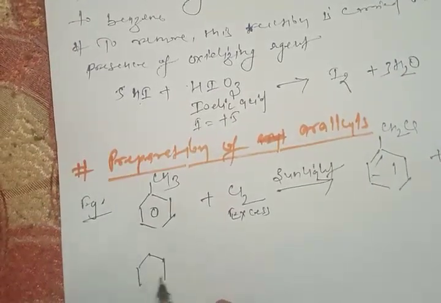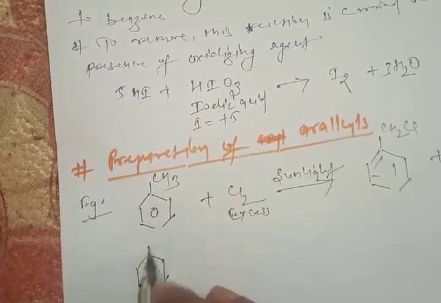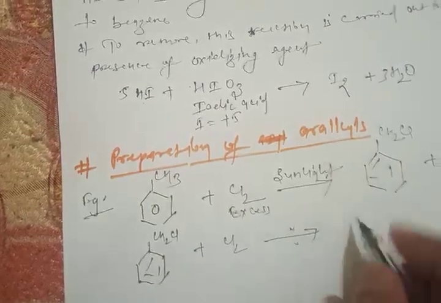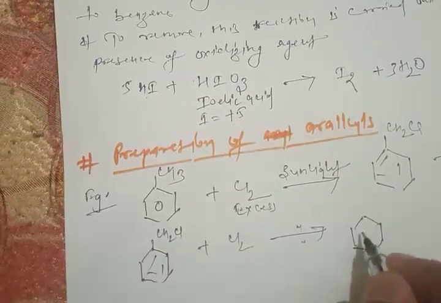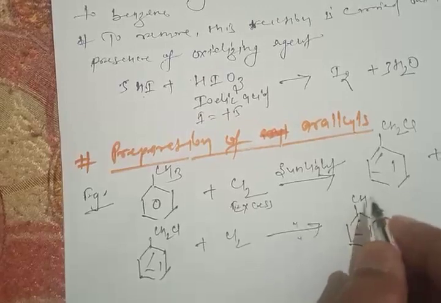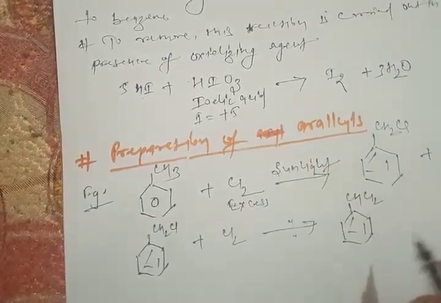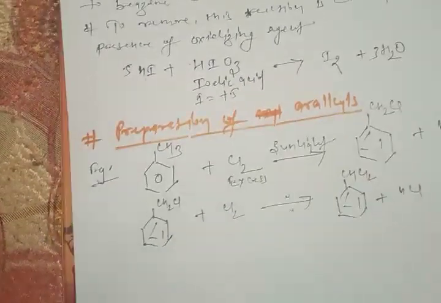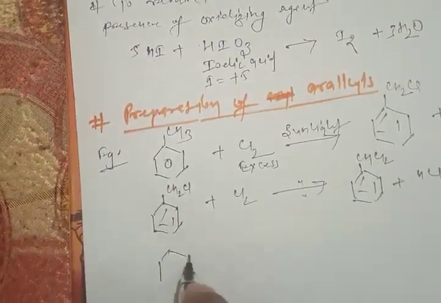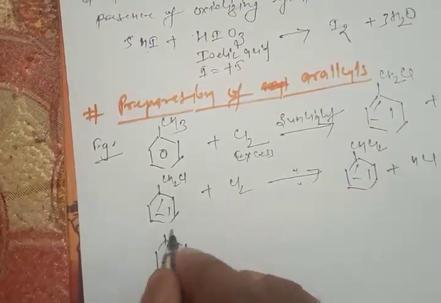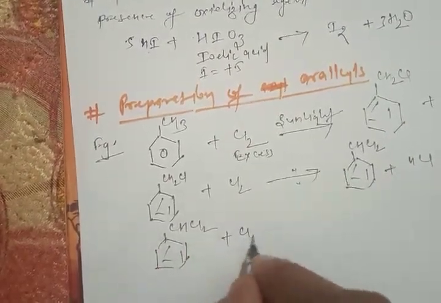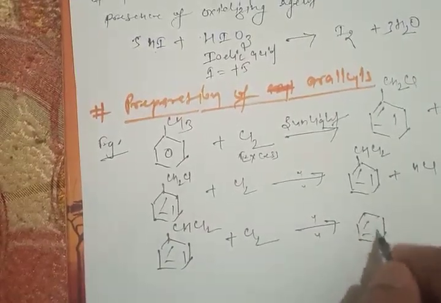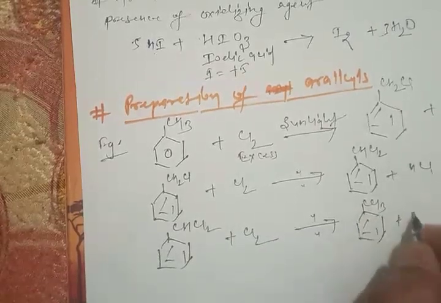So CH2Cl plus Cl2, again with the same condition we'll get CHCl2 plus HCl, and then in the next stage we have CHCl2 with chlorine, and this will give you CCl3 plus HCl.